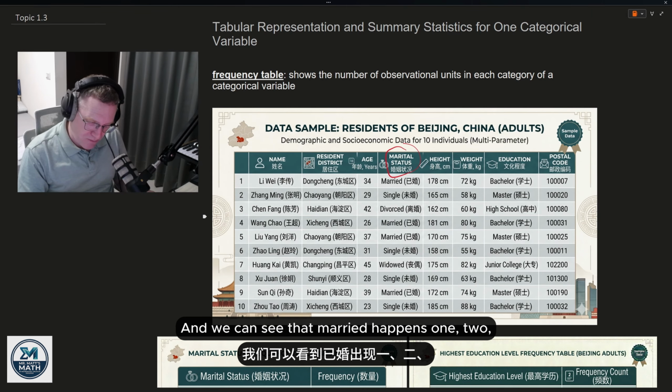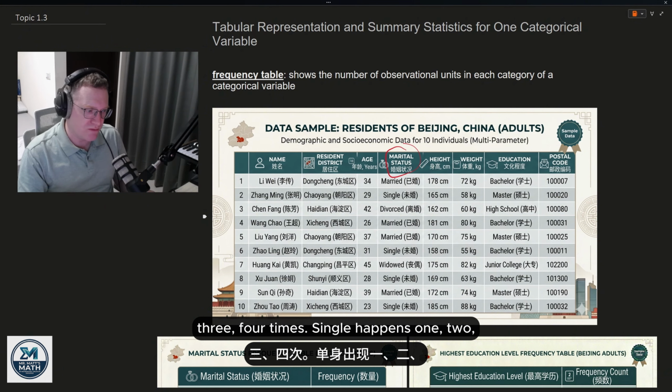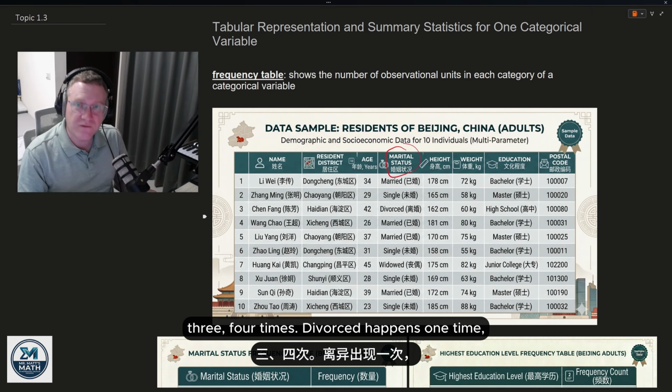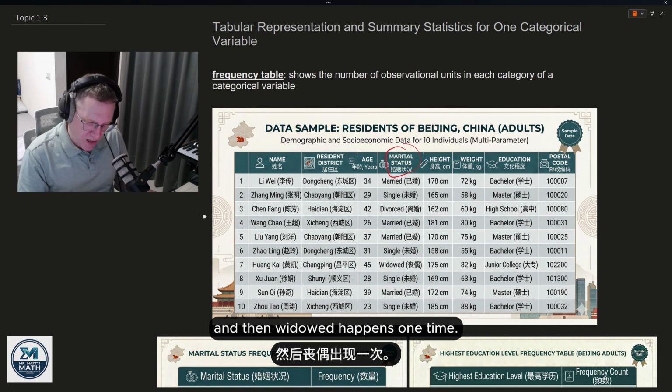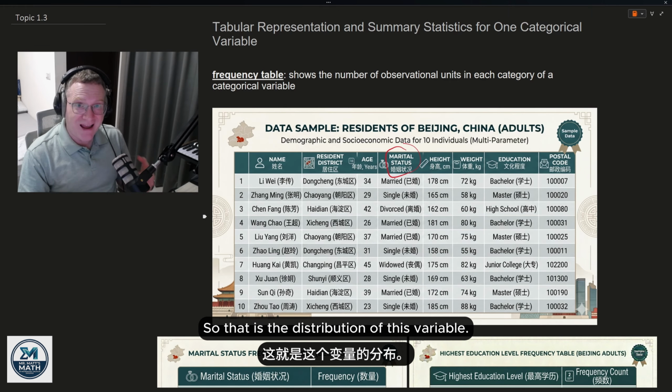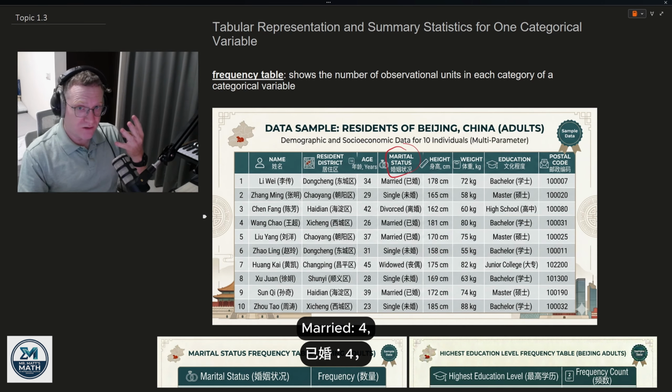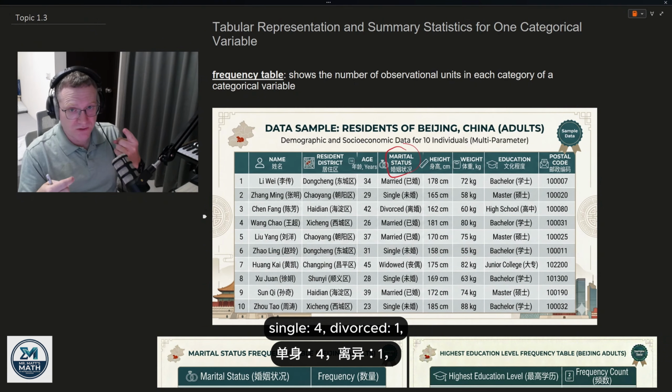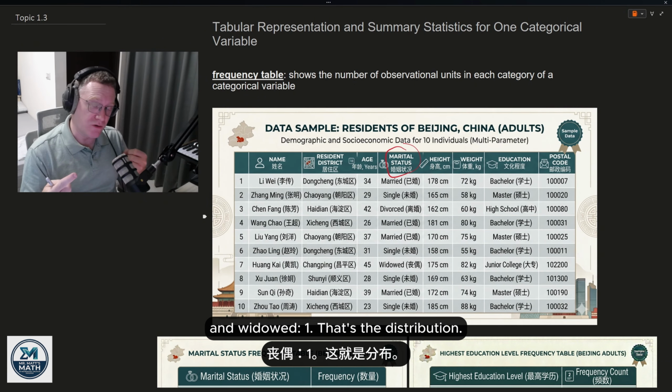And we can see that married happens 1, 2, 3, 4 times. Single happens 1, 2, 3, 4 times. Divorced happens 1 time. And then widowed happens 1 time. So that is the distribution of this variable: married 4, single 4, divorced 1, and widowed 1.